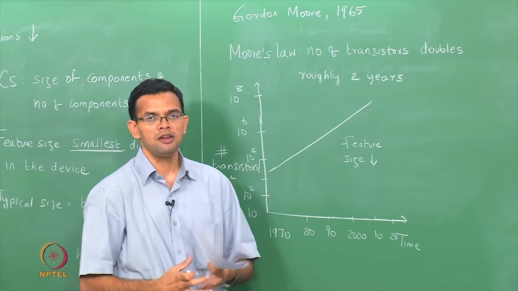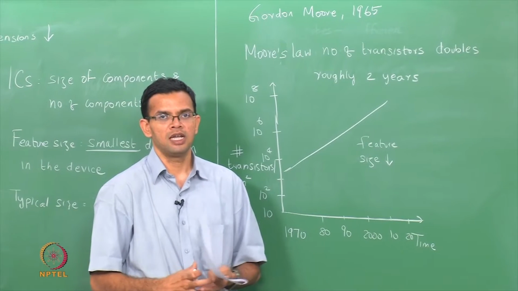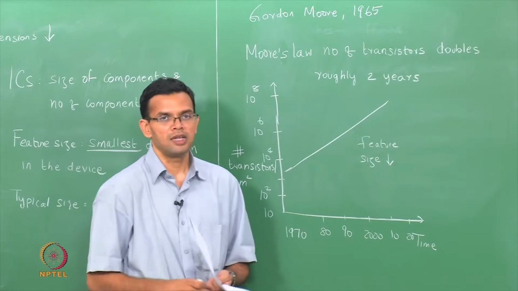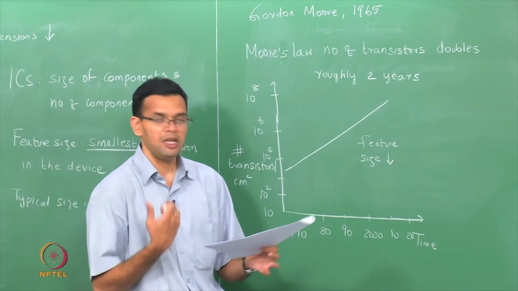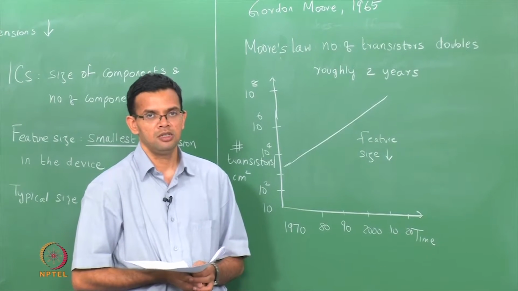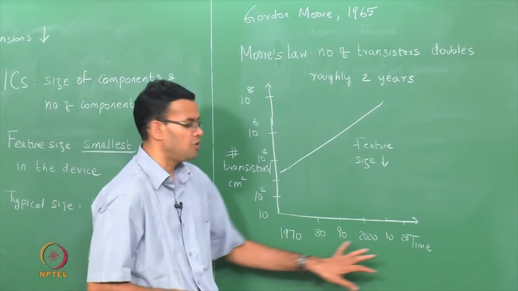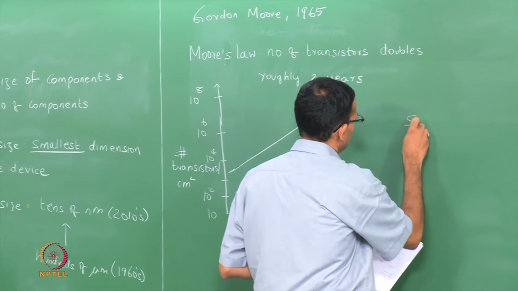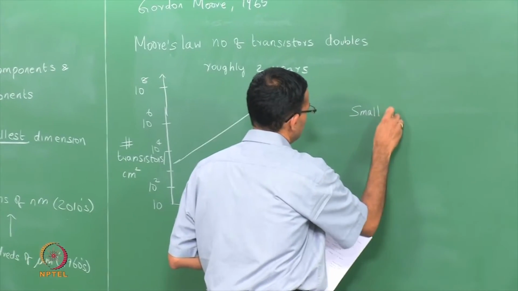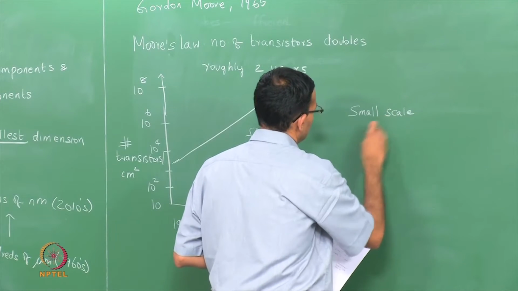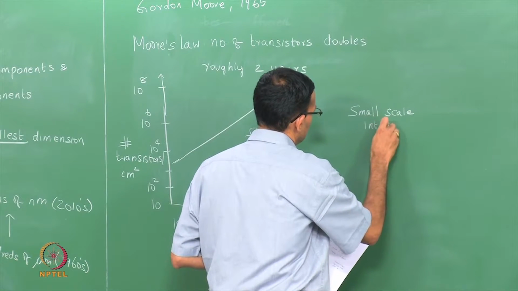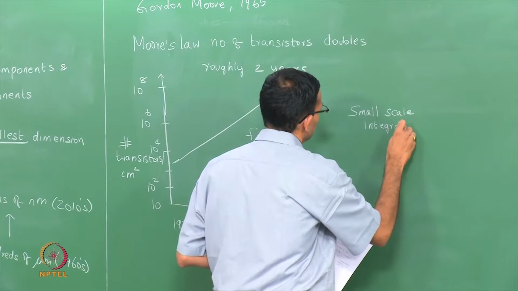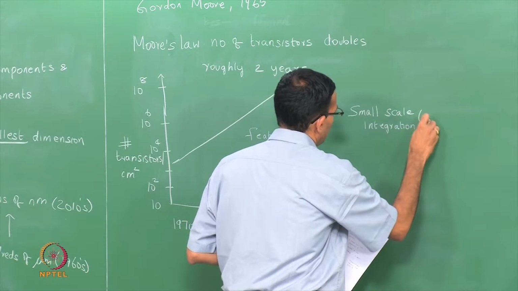So we usually refer to the number of transistors on a chip as integration. So there have been different levels of integration starting from the 1970s on to today. So the first one is called small scale integration. It's called SSI.